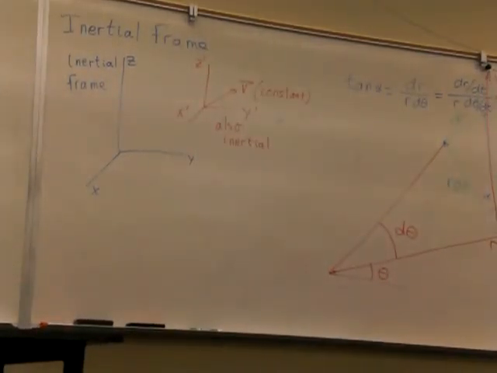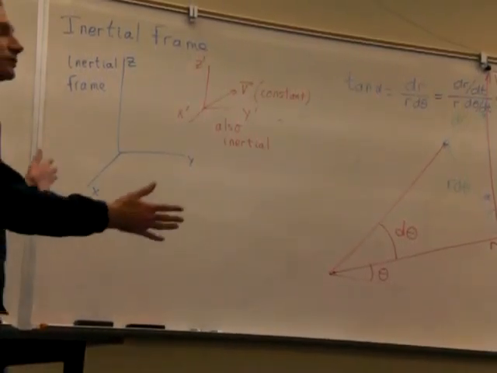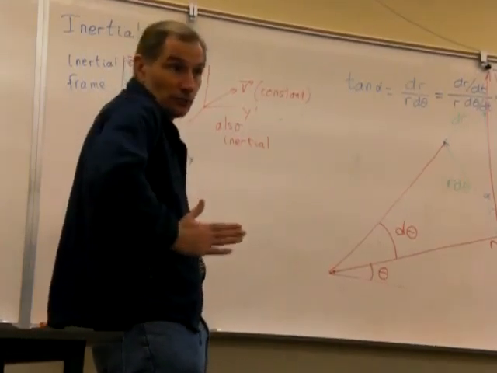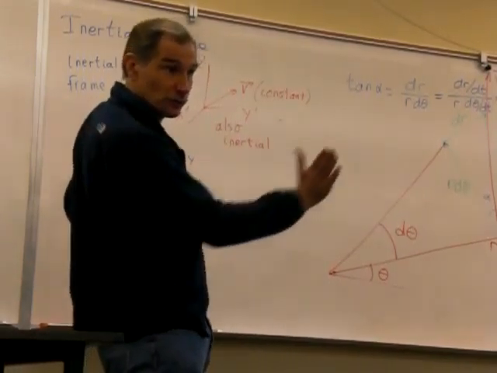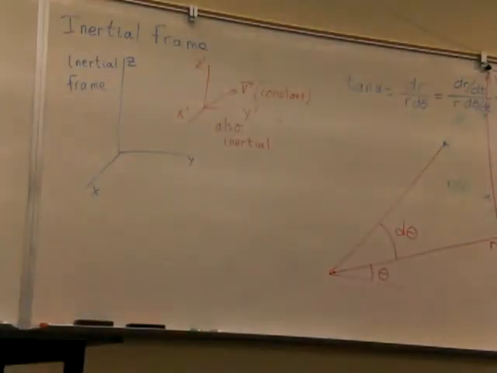One way to see that is, if you were to look at something on the side of the road in your frame, you would see it accelerating. If you're in a car that is turning and you look at something on the sidewalk, you would say there is no net force acting on the object, and then you would see that it is accelerating. So that would not be an inertial frame.